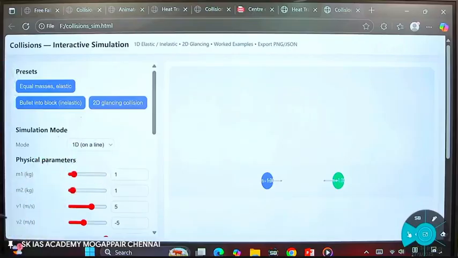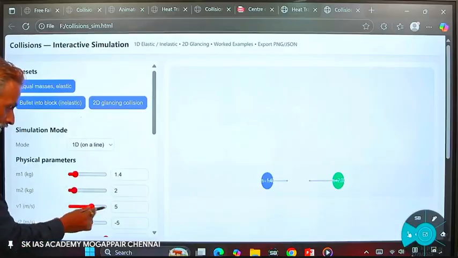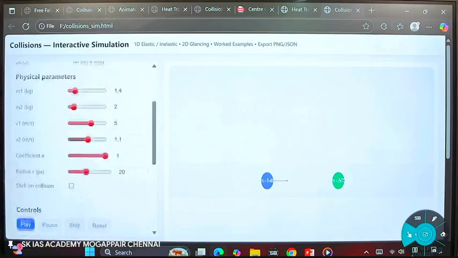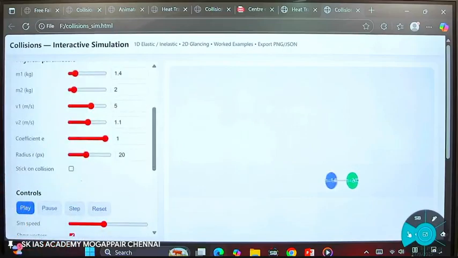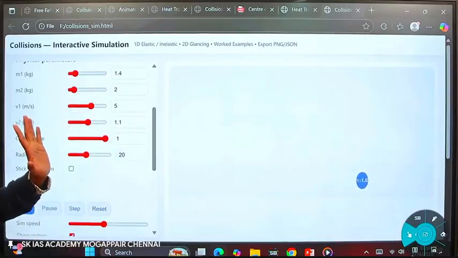Okay, one dimension. Just I am going to increase M1 to 4, M2 to 2, and V1 to 5, velocity. Okay, now see there. This is the elastic.